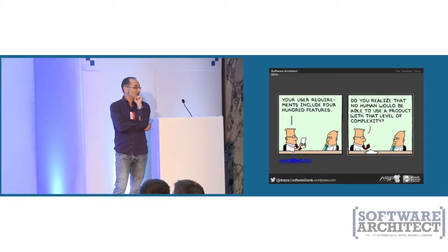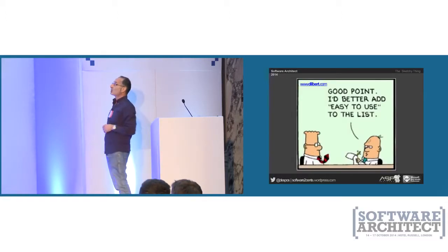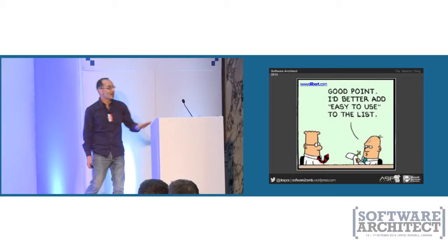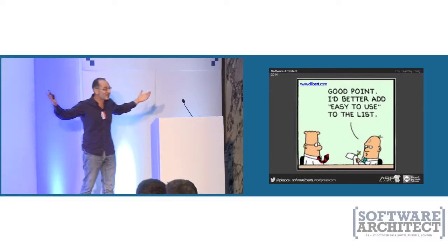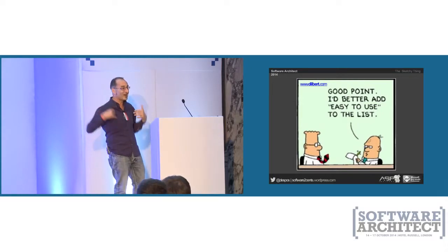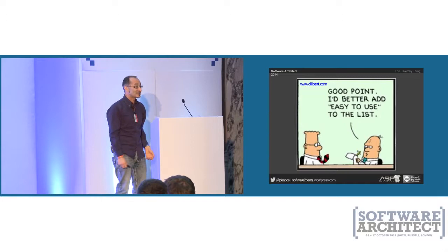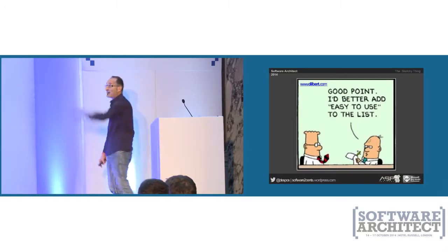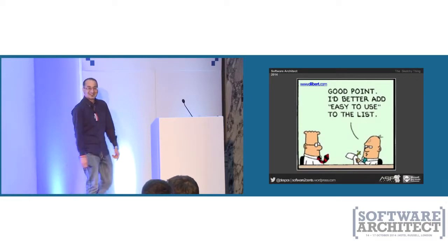And the answer, I think everybody can guess what the answer is. Oh, good point. And for a moment you think, wow, I can't believe I have a counterpart, a stakeholder that understands business. No, it says, good point. I'd better add easy to use to the list. Okay?